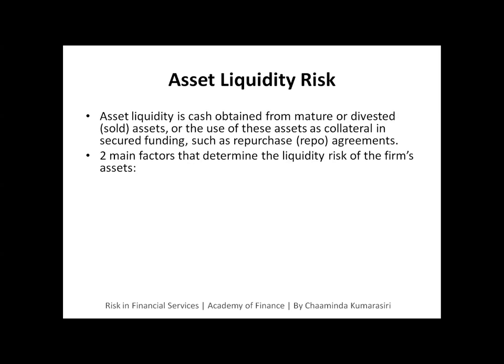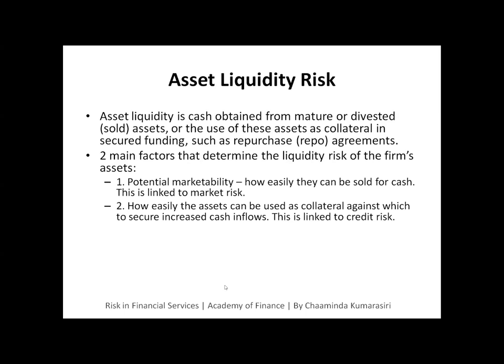So there are two main factors. One, potential marketability. That means how easily they can be sold for cash. So the ability to sell that in the market. So we discussed that under market risk, right? Whether you have a price.